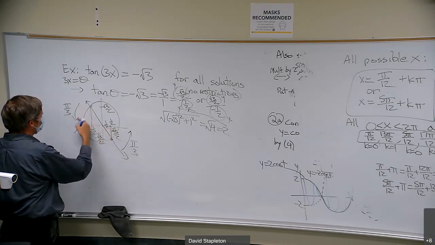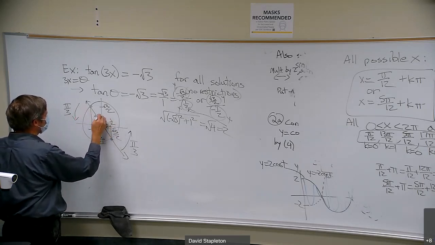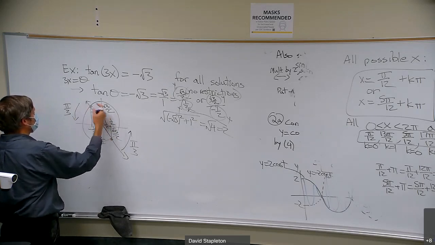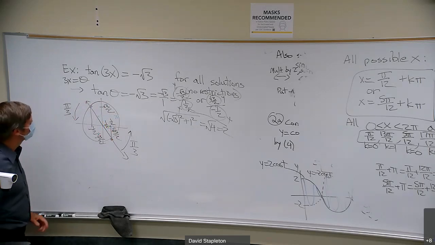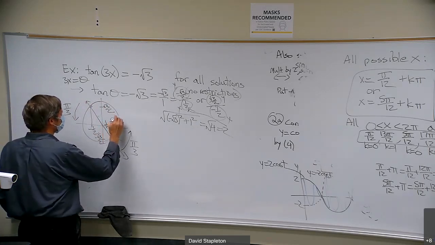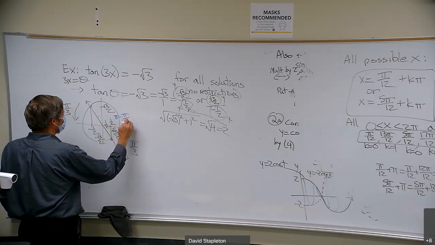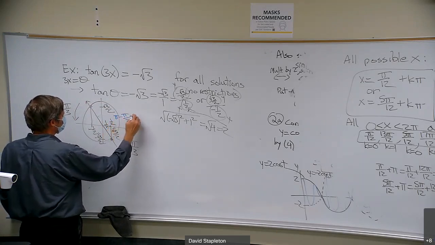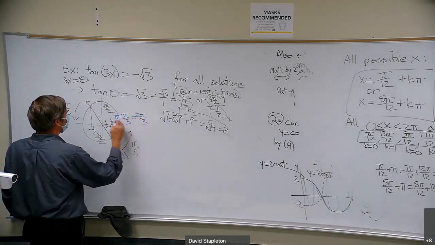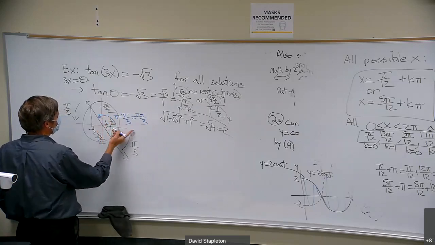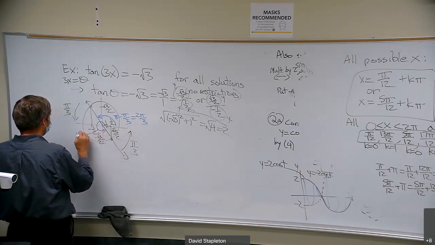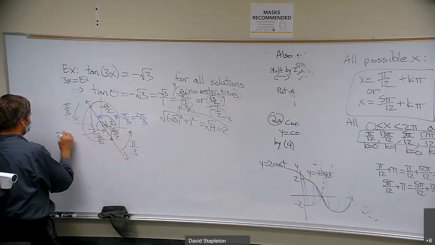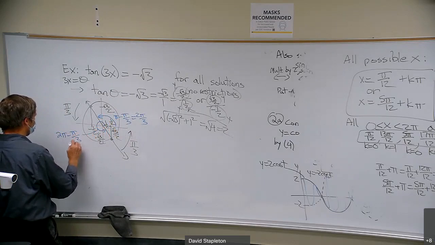Let's see, if this is pi over 3, then this angle in standard position is pi back up pi over 3. One pi minus a third pi is 2/3 pi, right? That's one, and then a whole rotation back up pi over 3. That one will be 2 pi, a rotation, less pi over 3.